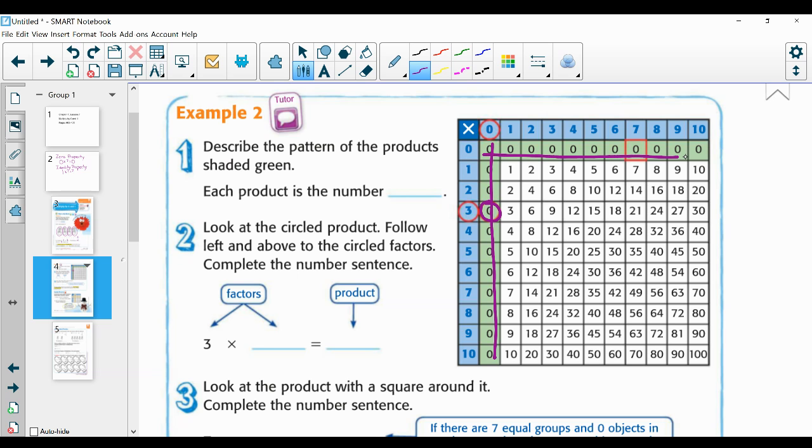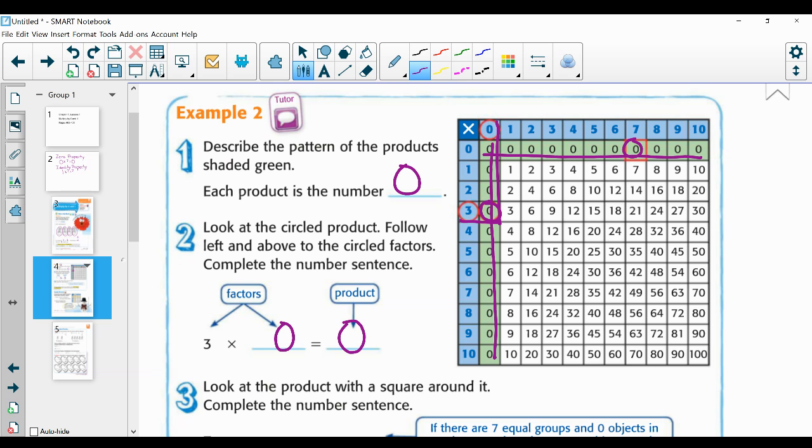They are all zeros. So whenever you're multiplying a number by 0, the answer is going to be 0. Look at the circled product. Follow left and above to the circled factors. Complete the number sentence. So we have 3 times 0 equals 0.